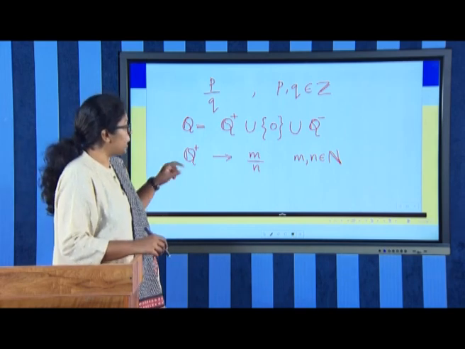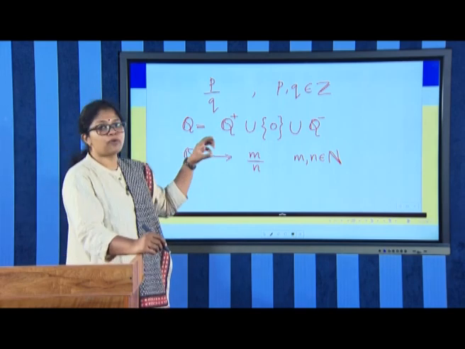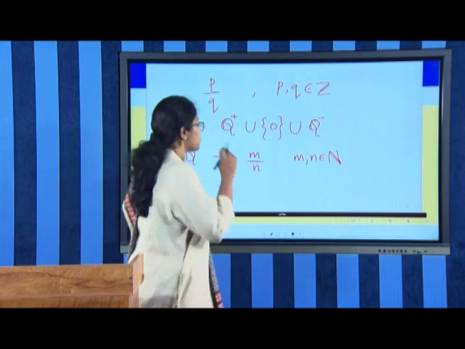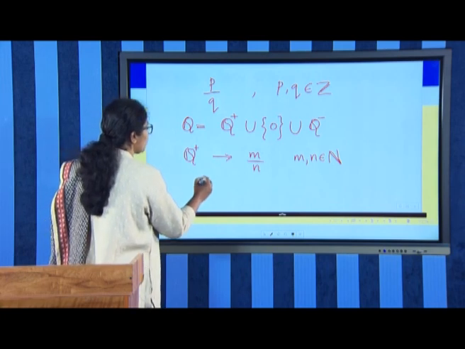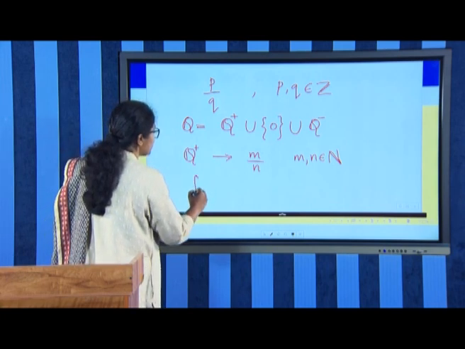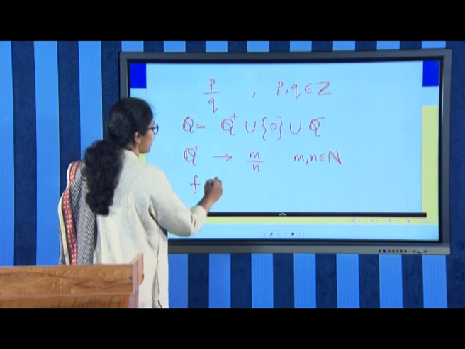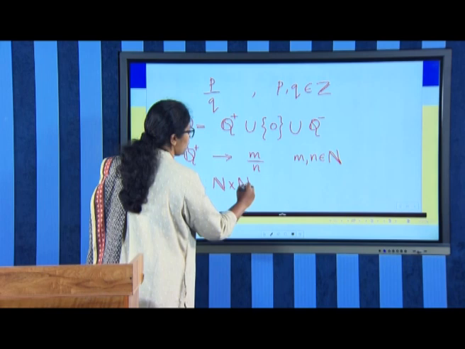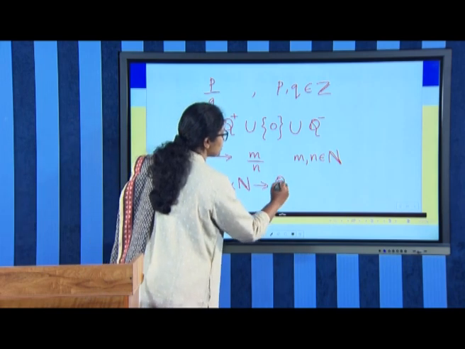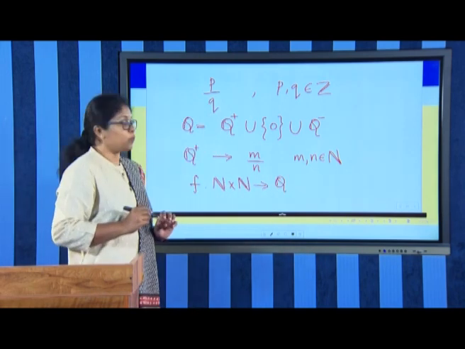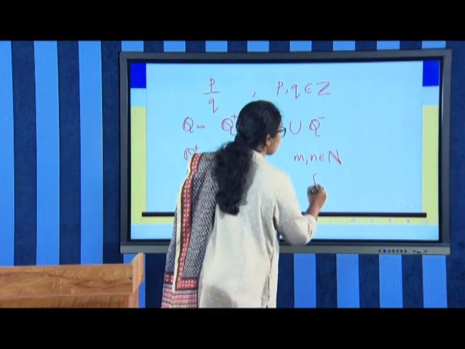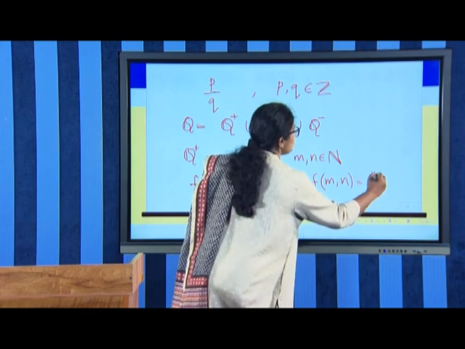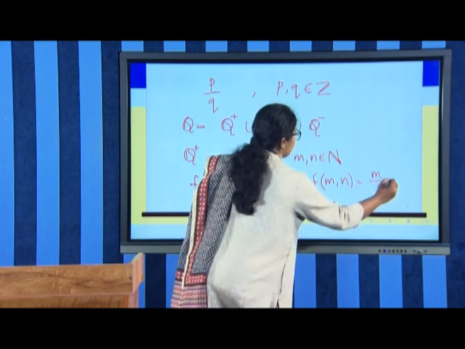Why? Because natural numbers are positive integers. So, we have Q plus consisting of all the elements of the form m by n, where m and n are elements of N. Therefore, we can define a bijection, say f, from N cross N onto the set Q plus, namely f of m comma n is equal to the ratio m by n.